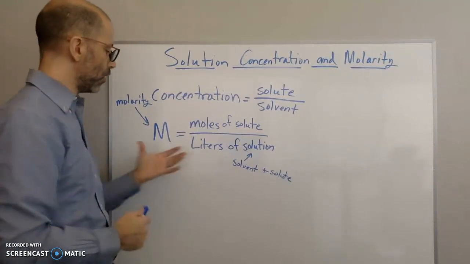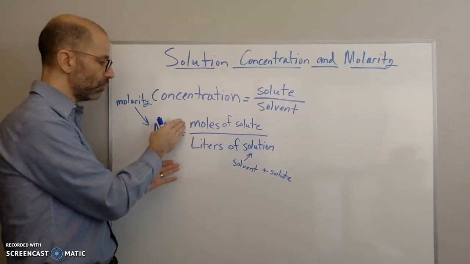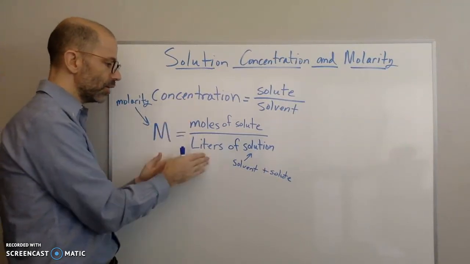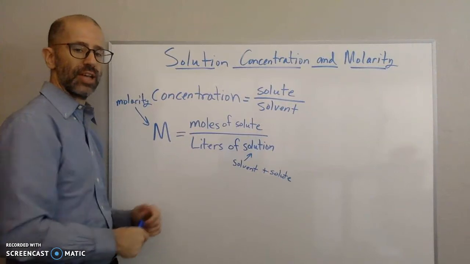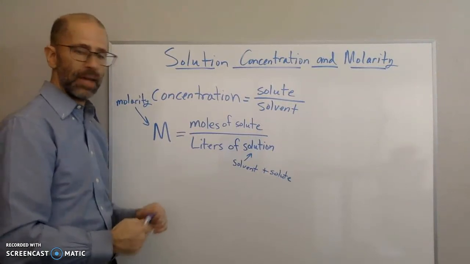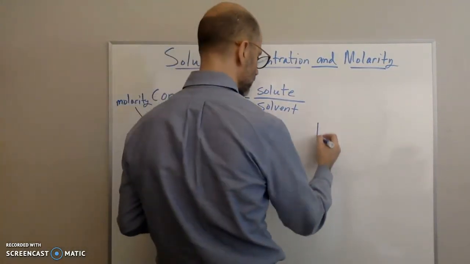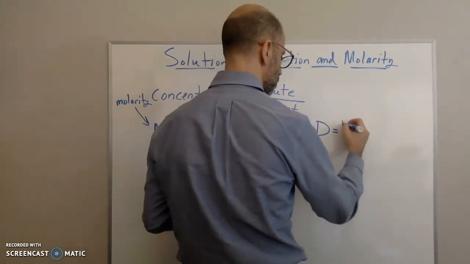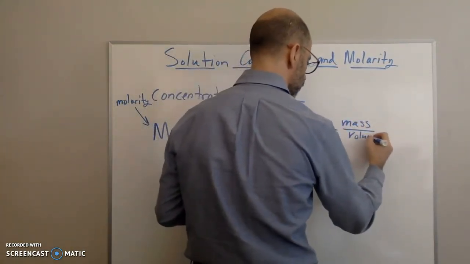And the great thing about this is because we have moles of solute per liters of solution, we have a relationship, and we can now use this as a conversion factor. And it's the same as with density. When we looked at density, density is equal to mass over volume.